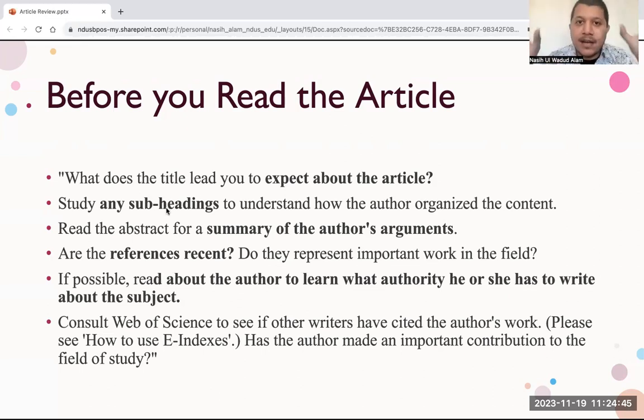Subheadings means you have the main title, population problem in Bangladesh, but there could be subheadings about traffic issues, drugs problem, or other issues that the writer talks about. The main heading is population problem, but there are other subheadings you can also look at.